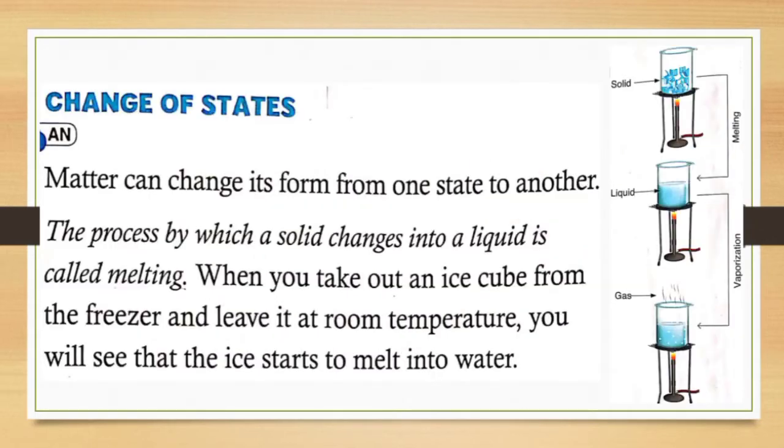Next topic, change of states. On heating, a solid becomes a liquid. On further heating, a liquid becomes a gas. For example, ice, which is a solid, on heating becomes water, which is liquid.